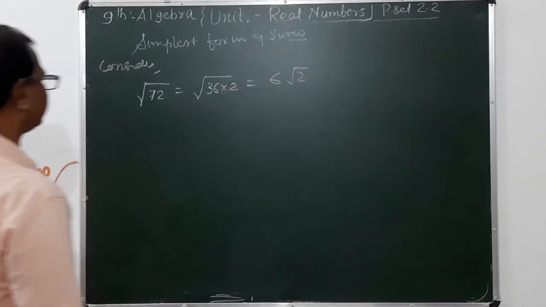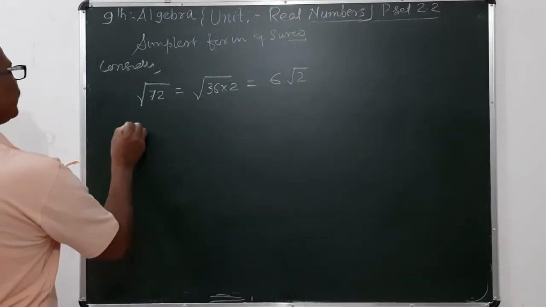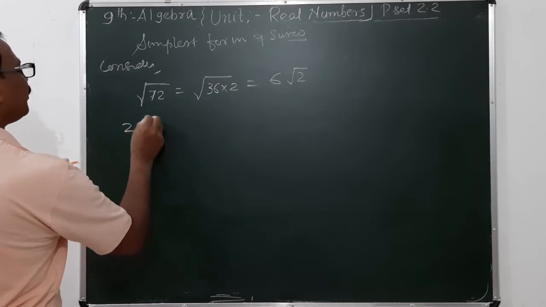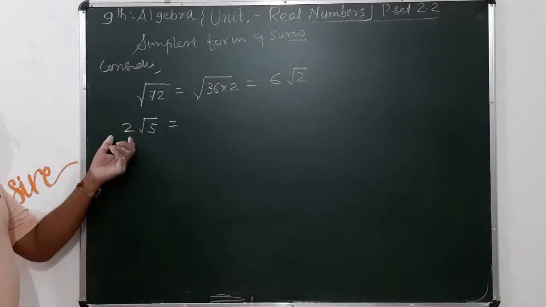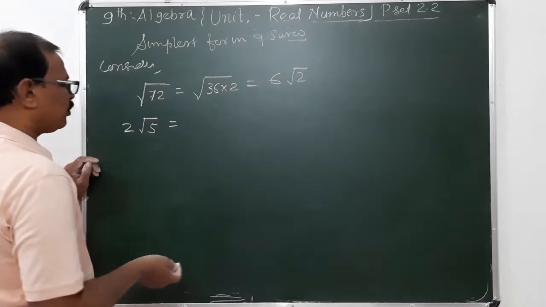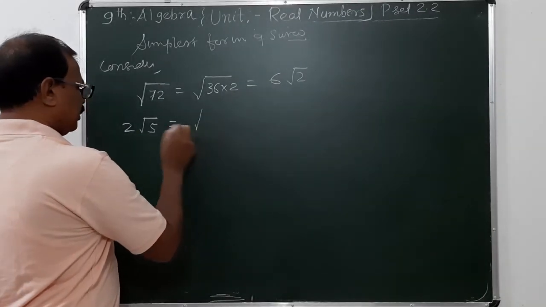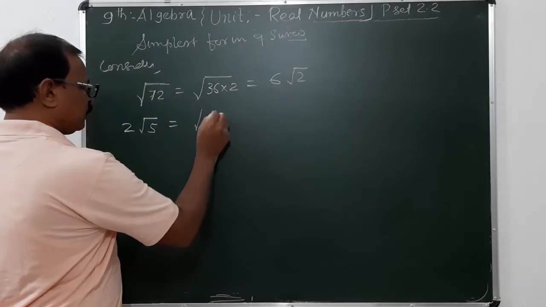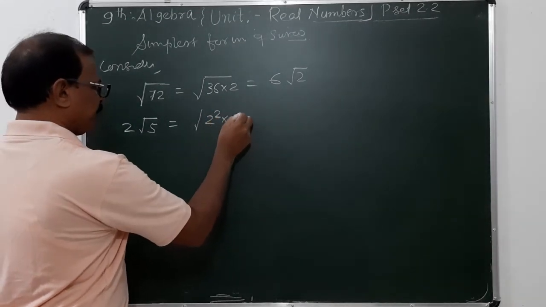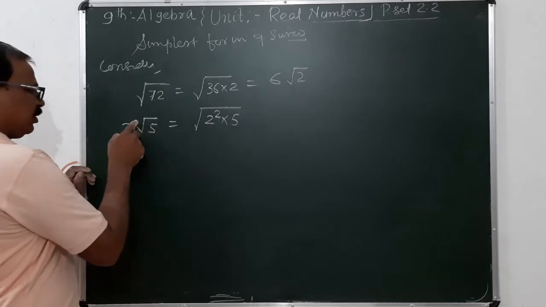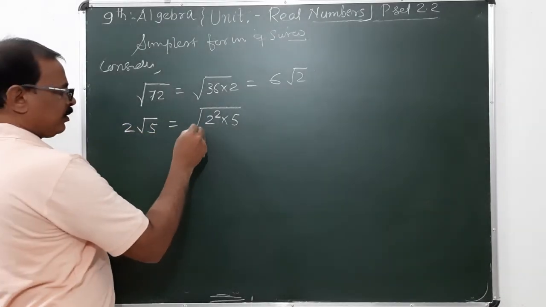Similarly if you take 2 under root of 5, this is a mixed surd. This can be converted into another form: 2 square into 5 because here the order is 2 and therefore we have to introduce it.